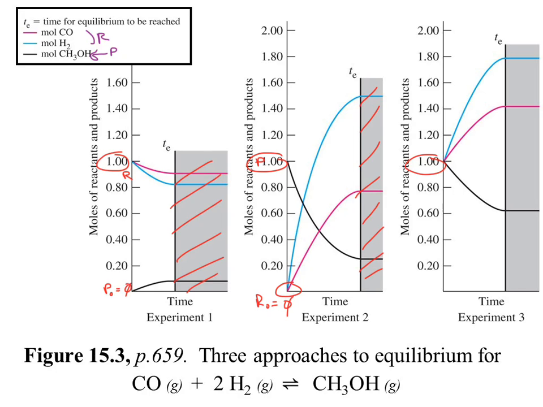You lift the partition and you let it go. Okay? And when the dust finally settles, these are your equilibrium concentrations. So where it is gray, those hash marks are your equilibrium concentrations. Kind of a visual sort of thing. All right.